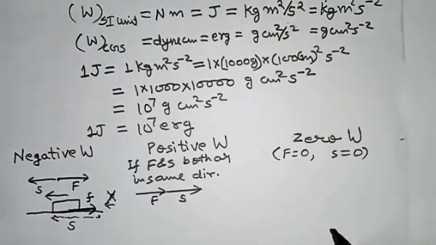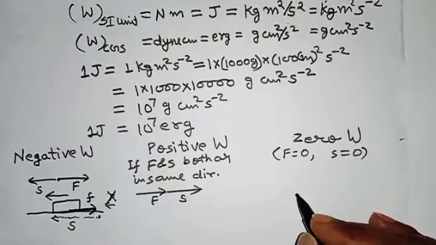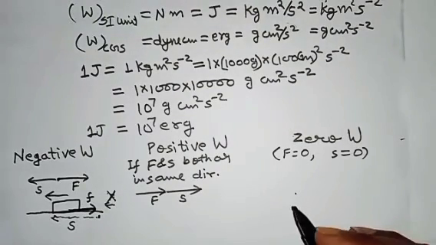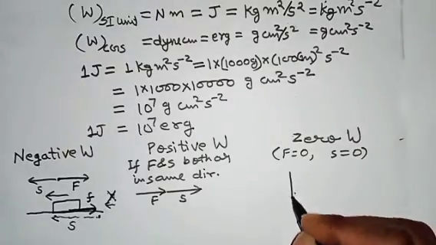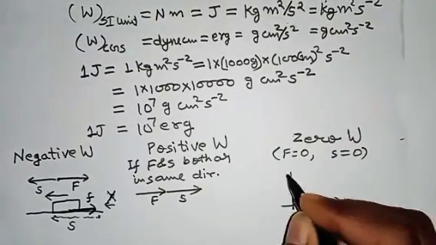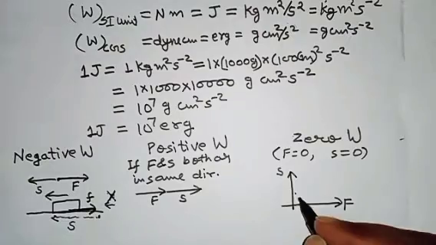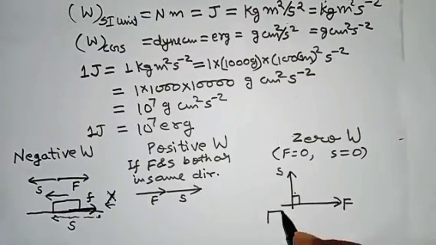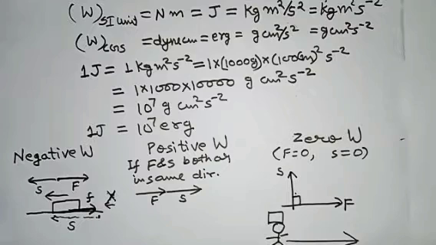But what about zero work done? Take a case when force and displacement both are non-zero, but still work done will be considered as zero if force and displacement both are perpendicular to each other. What can be this situation? Yeah, there is a situation. Let us suppose you are carrying a load on your head and you are going this way.